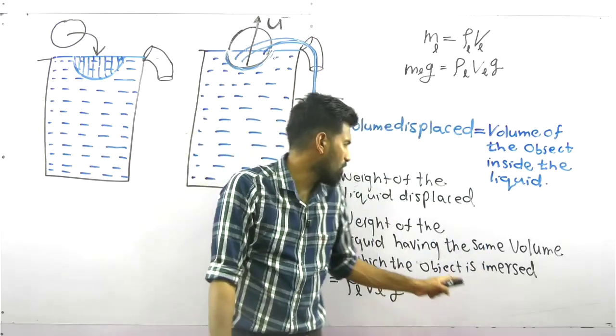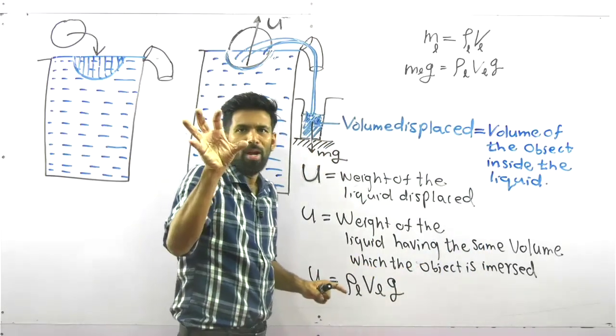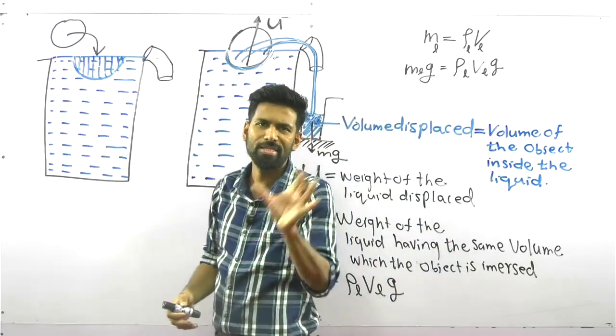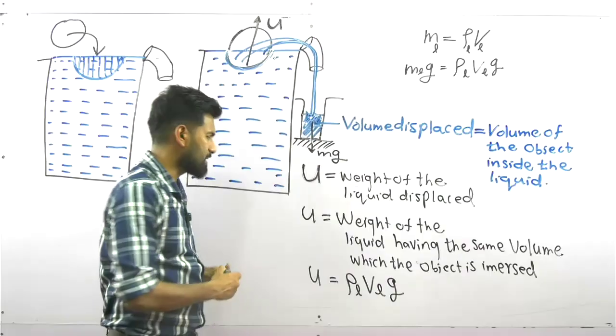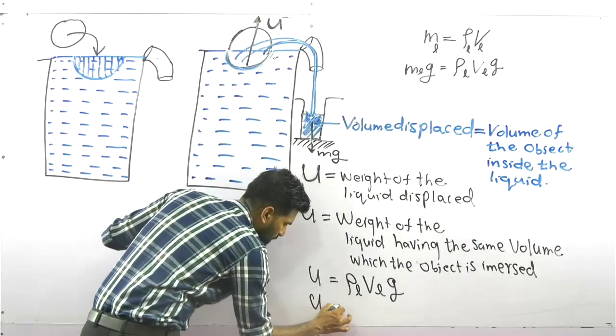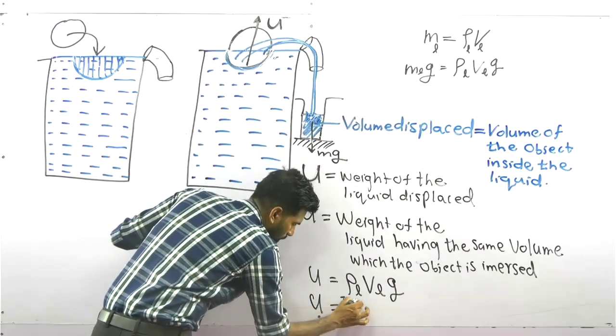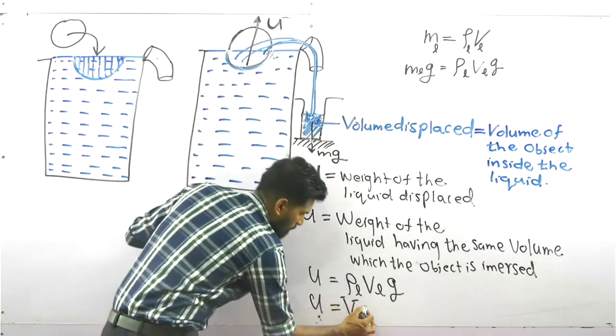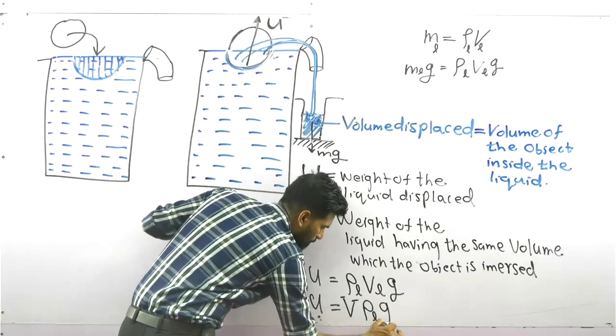So this volume is the volume occupied by the object inside the liquid. It's the same thing. So upthrust is equal to V, the volume of the object that is immersed inside the liquid, rho, density, G.